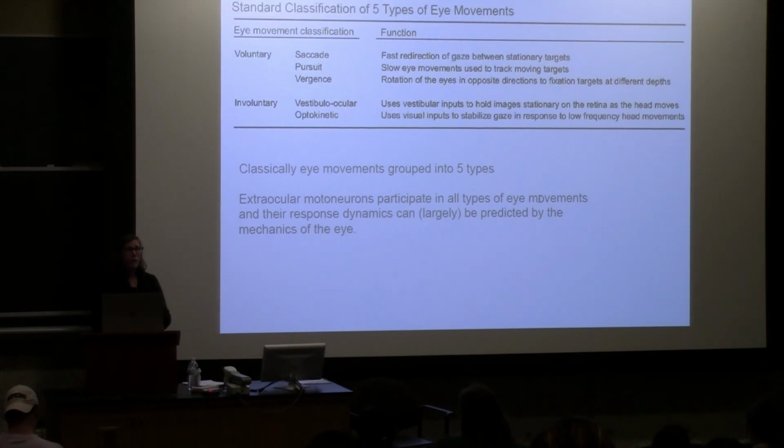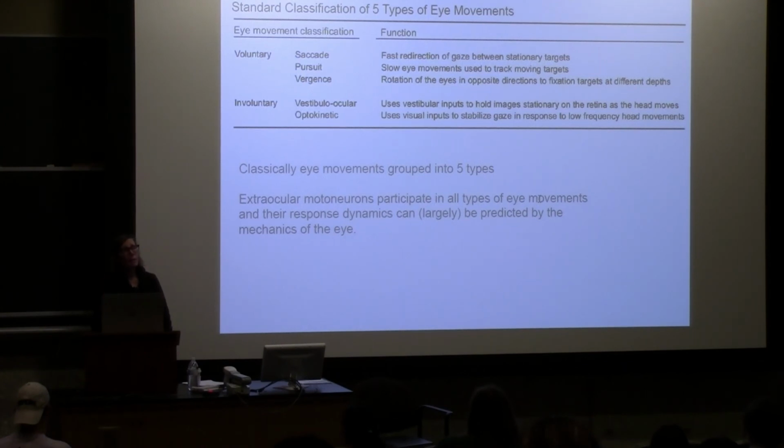And then we have involuntary eye movements, and I'll note these now because I'm going to talk about the mechanisms that generate them in the next couple lectures. So one is the vestibulo-ocular reflex, which is one of the essential things that our brain is doing for us all the time without us even noticing it, that keeps our sense of space and our movement through space stable in our everyday life.